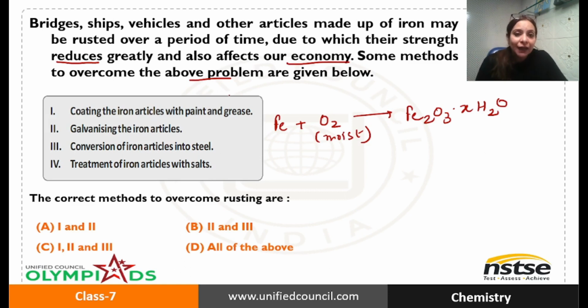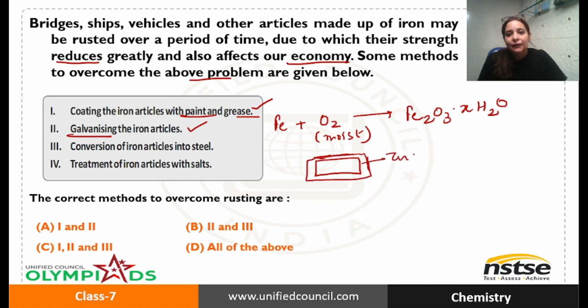Now when we are coating an iron article with paint and grease, definitely it will prevent rusting because it will prevent the iron from coming in contact with moisture. Galvanizing the iron articles again will prevent rusting, because galvanizing means coating the iron with a zinc layer.